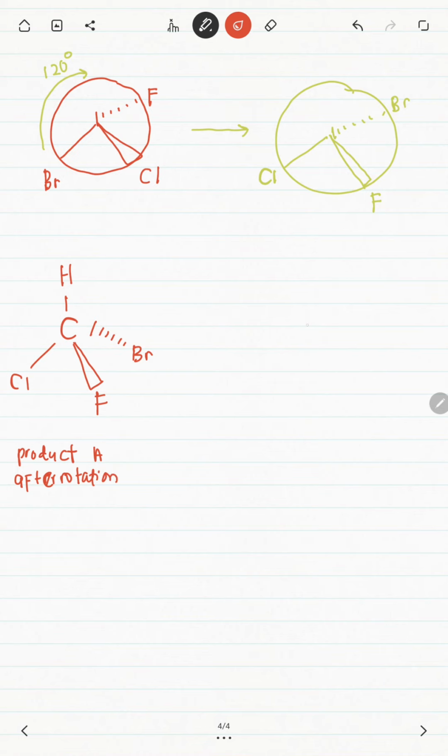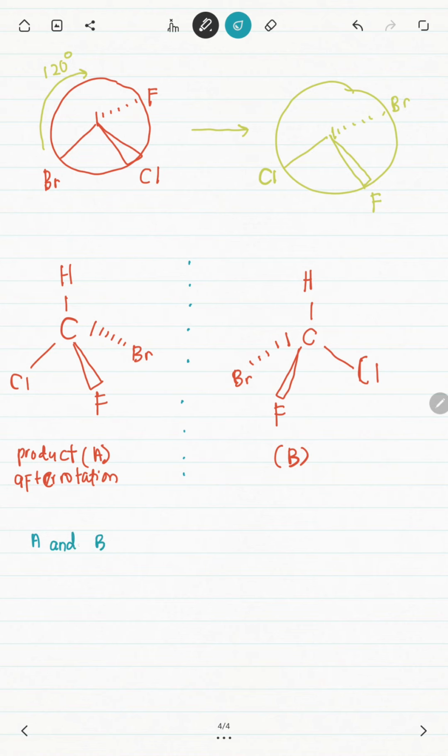Okay, so we compare with the given structure of B. Your plane projection is hydrogen and chlorine, the front projection here is fluorine, and the backward projection is bromine. So when we compare the rotated product of A and the given structure of B, we can trace the relationship between A and B. A and B are mirror images.